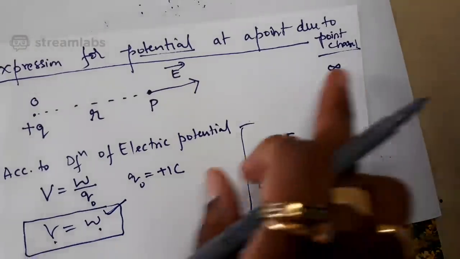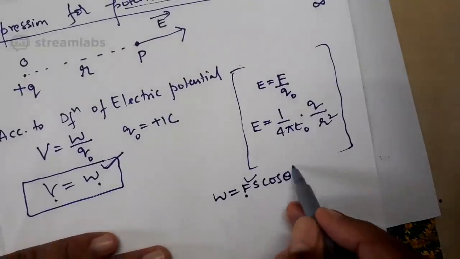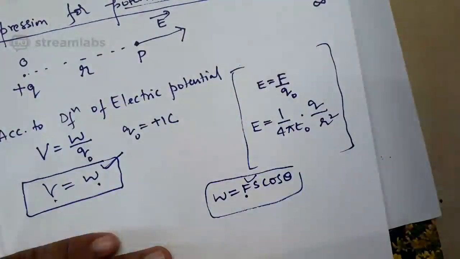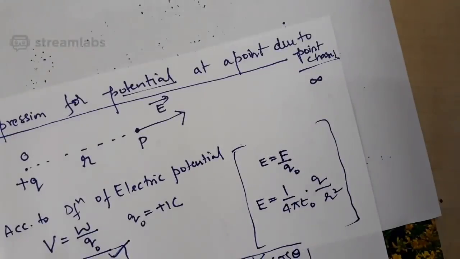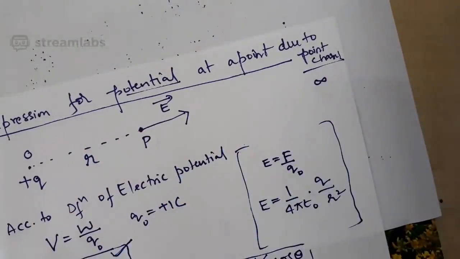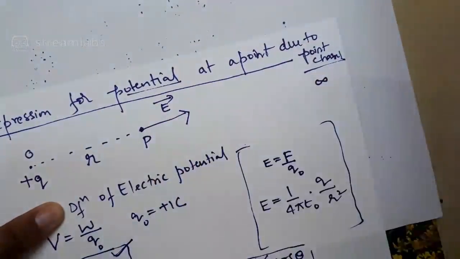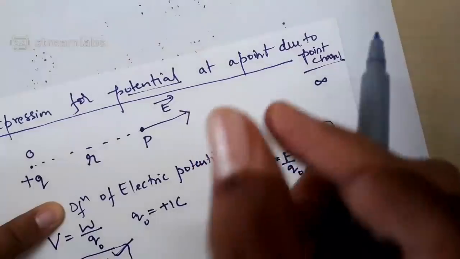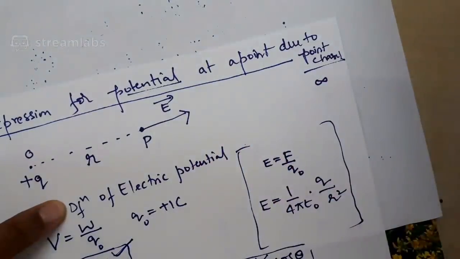So whatever force you apply is not a constant force. So I have a problem in using this formula directly for the entire situation. What I can assume in such cases is: from point P to infinity, divide that entire distance into a number of very small distances, each equal to dx.